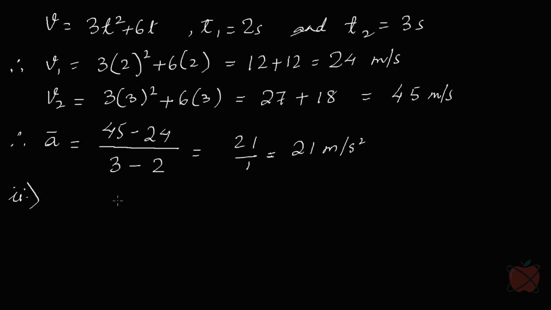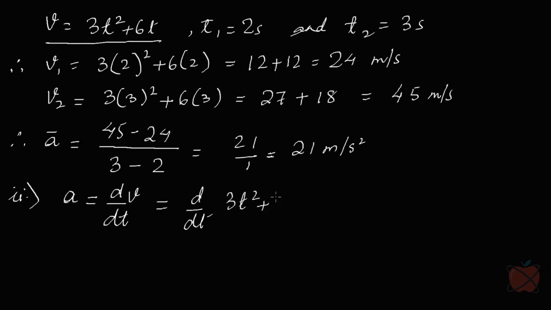Now the second part, you have to find the instantaneous acceleration. Okay, so how do we find the instantaneous acceleration? We know that instantaneous acceleration is defined as dv/dt. We already found the expression for v, and this is the expression for v. So you have 3t square plus 6t.